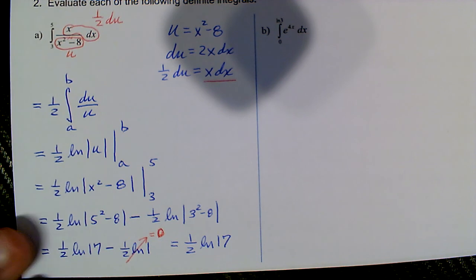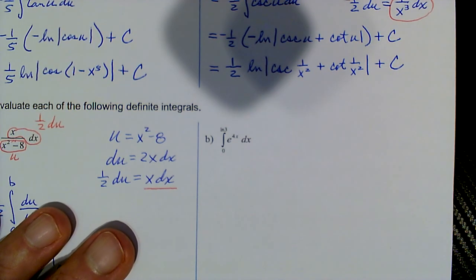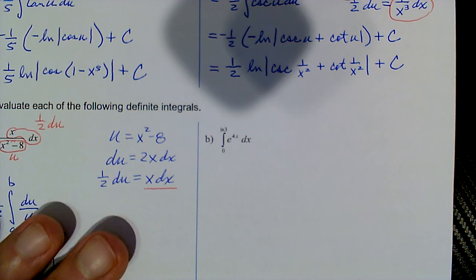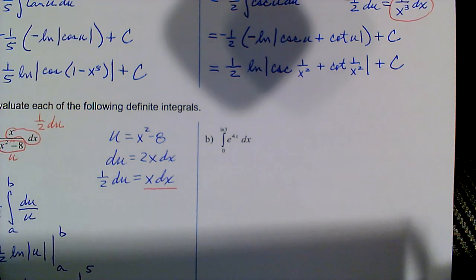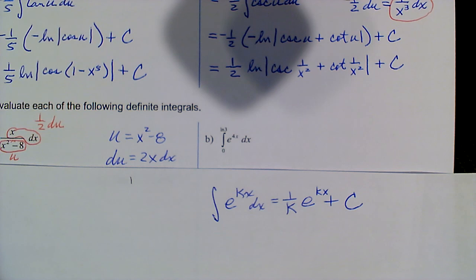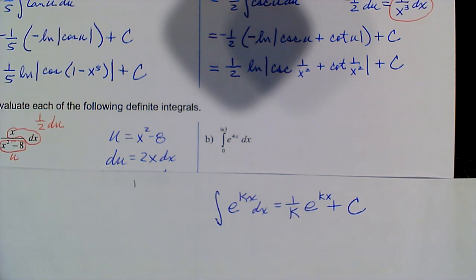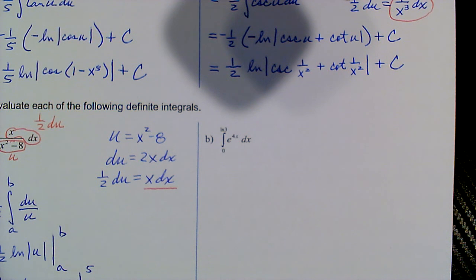Okay, and then for the final question of the review, it will be this simple with respect to the fact that it's going to fit the form for the integral of e to the x. And recall the formula for e to the kx was 1 over k times e to the kx plus our constant. So immediately, now there's a reason why I'm making this integration so easy.